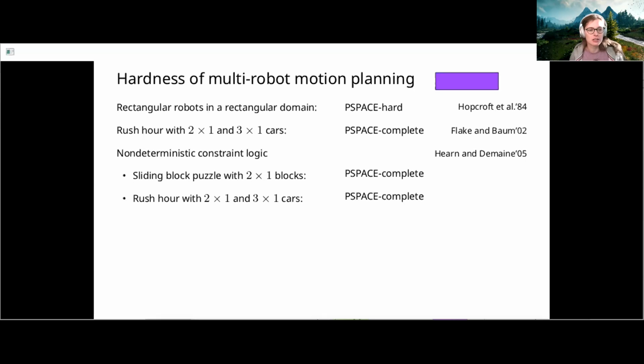It's called non-deterministic constraint logic. And using that framework, they proved a lot of different puzzles and problems to be PSPACE-complete, including the sliding block puzzle. In the sliding block puzzle, you can move vertically and horizontally, no matter what the orientation of your rectangle is. And also the rush hour, where you do have restricted orientation for each car.